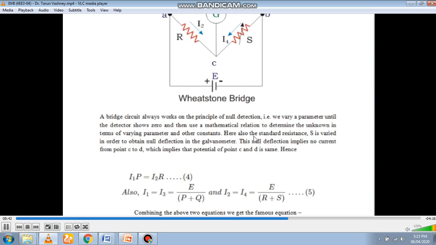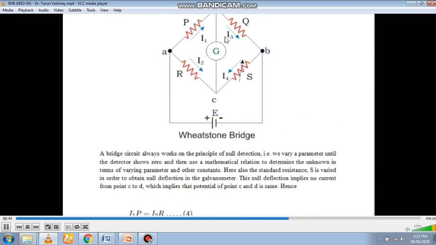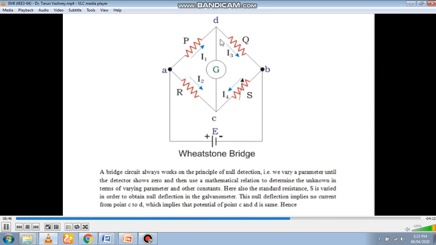At null deflection, no current will flow from point C to D or D to C, which implies that the potentials of points D and C are equal.